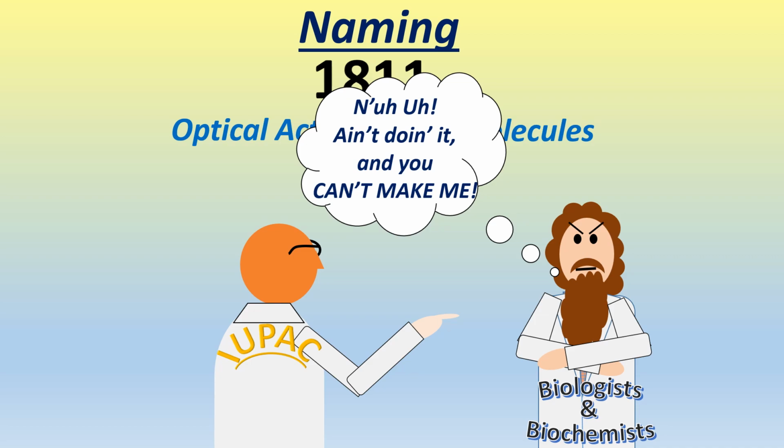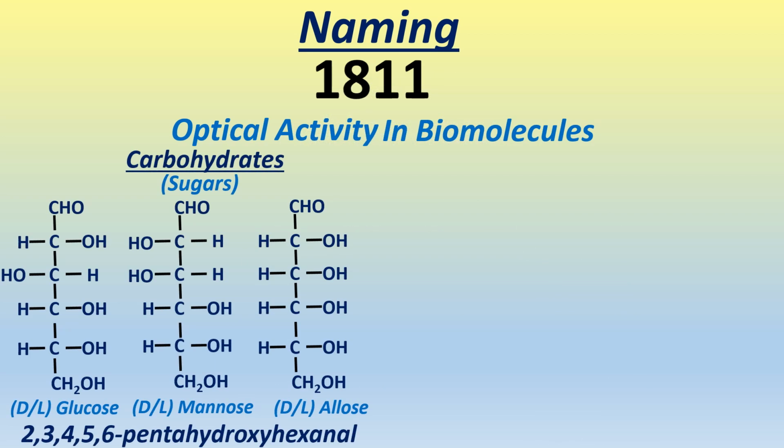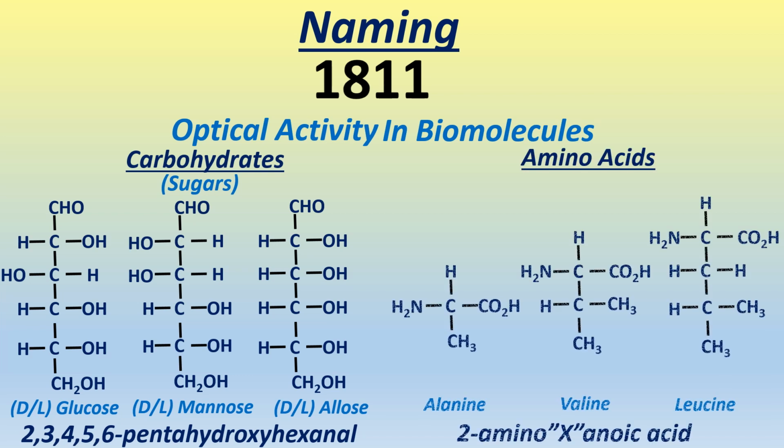So therefore, you're stuck with 2 separate ways of naming molecules. Sugars can be glucose, mannose, or allose, even though they're all pentahydroxyhexanal. That name is generally not going to be used. Same with the amino acids. The common names predominate over the IUPAC names.